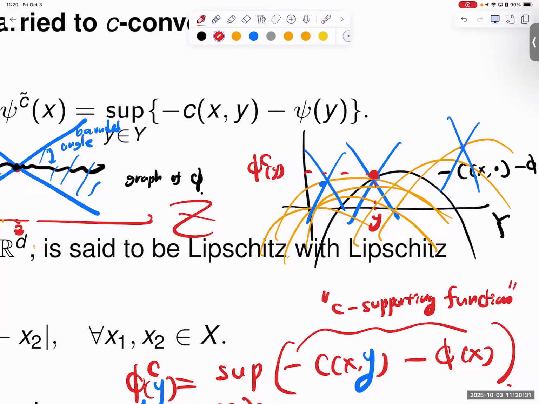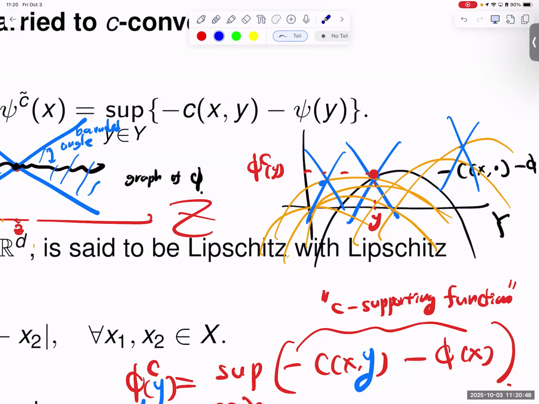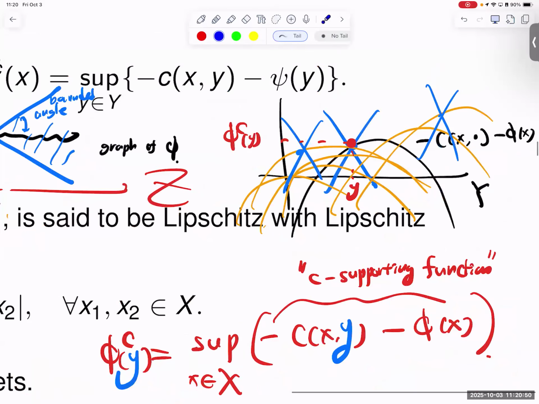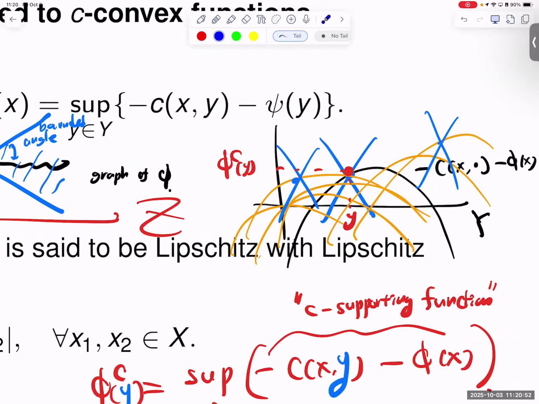Such a C-supporting function nearby, but that C-supporting function has to be inside such a cone. Right? And if you find, then in a nearby point, you will have another cone, so another supporting function like this, and then your function will be, we take the graph somewhere here.